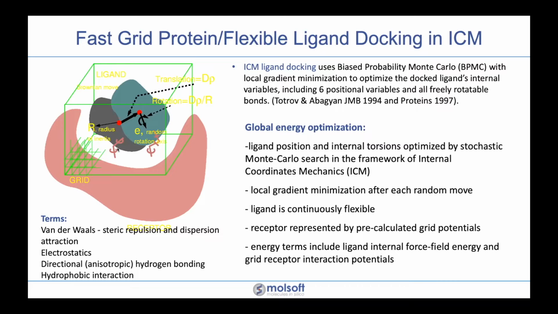Then energy functions are minimized, desolvation energy is calculated, and then we have a criterion called the Metropolis selection criterion, which is used to determine whether you want to accept or reject the conformation of that ligand that it finds. And this procedure of randomly sampling the ligand inside the box is repeated until a maximum number of steps is achieved.